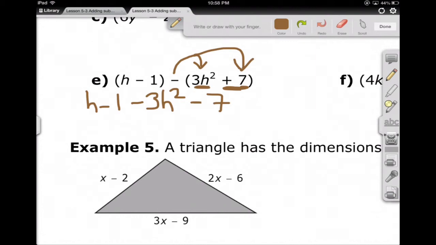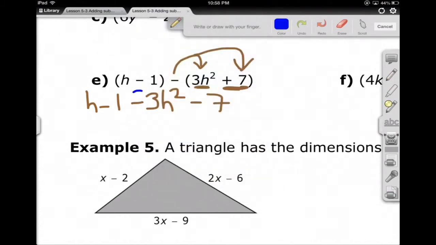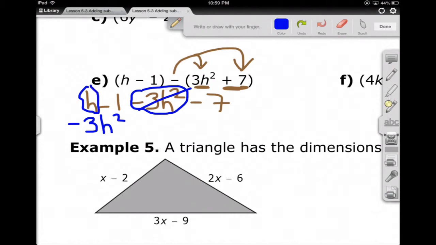So let's change the color, just because I don't want you to miss this, and say, look, as far as h squared go, there are negative 3 h squareds. Take that off now since we've written it. I've written it with the minus sign in front. That is its true value. This h here, all alone, has nobody to combine with, but it is positive in value, so we say plus h, and the constants combine to give us negative 8 in value. So we go like that.